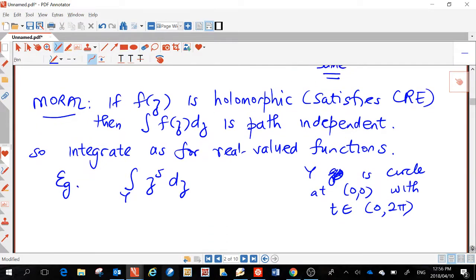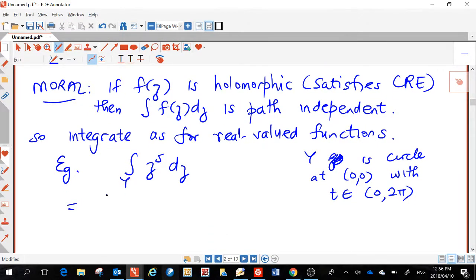It will boil down to this: the integral of z to the 5 is z to the 6 over 6. Isn't that the normal integral that you came across in first year? So we have to say what the limits are. Let's say 0 to 2 pi. You put 0 there and 2 pi. You have to specify the starting and ending point. That's all.